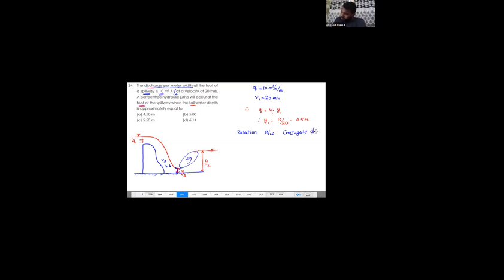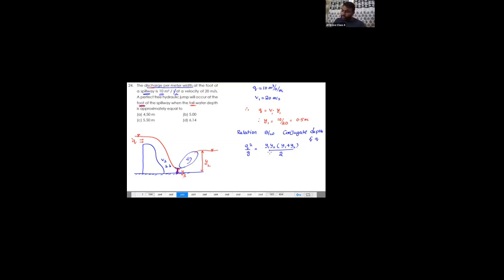You know that Q squared by g equals y1 y2 into (y1 plus y2) by 2. In this question, they did not mention any channel shape, so I'll directly take it as a rectangle.